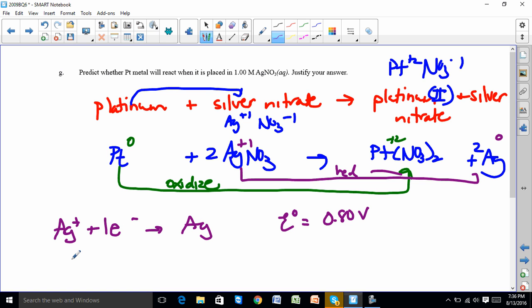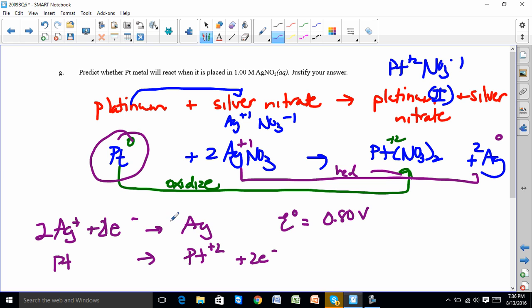And then platinum they gave us. Platinum, however, is being oxidized. And then we would have to double this to get things to balance. But remember, we don't double this because it's an intensive property. It's not dependent on the amount of matter present.